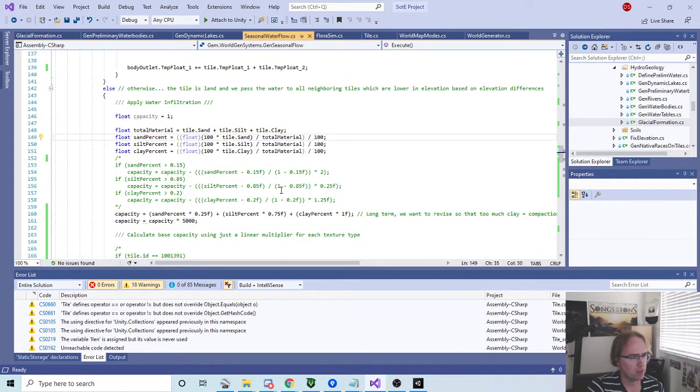First off, let's see if I can fix this. Should be able to just cast it, and then divide.